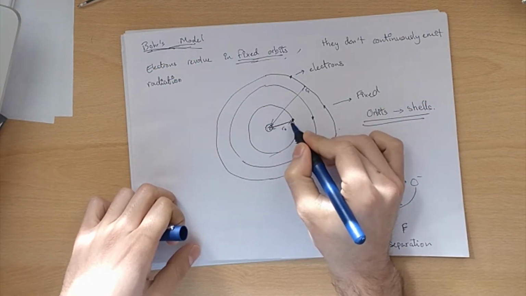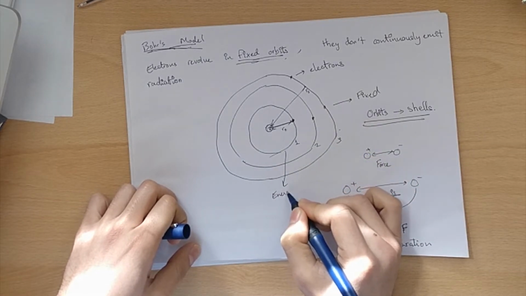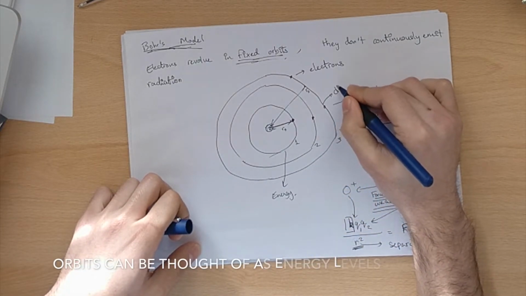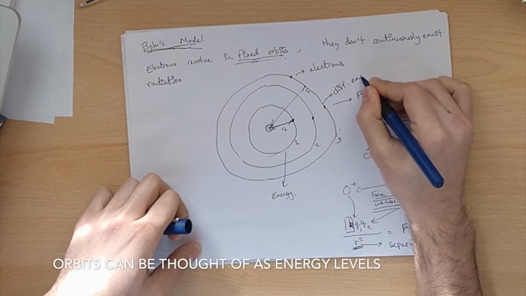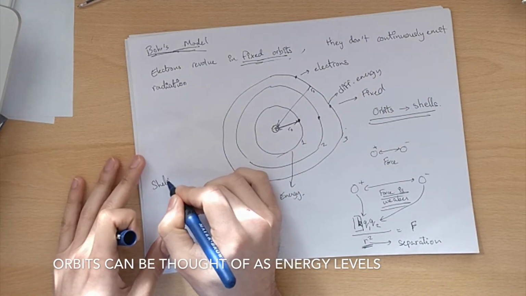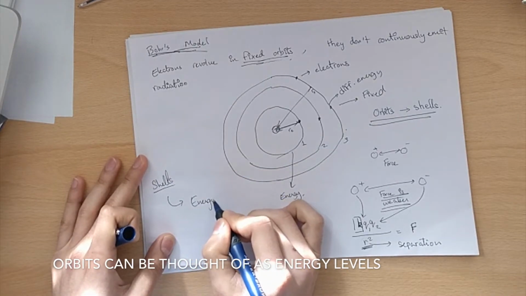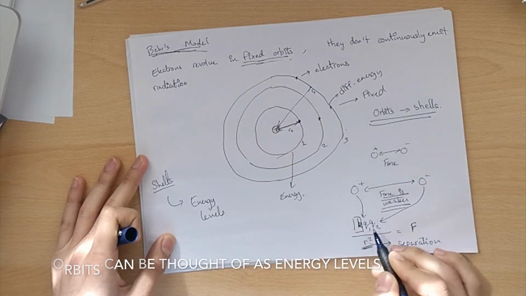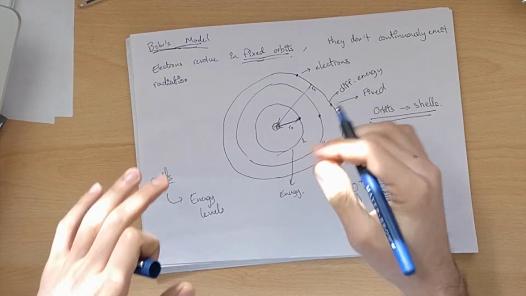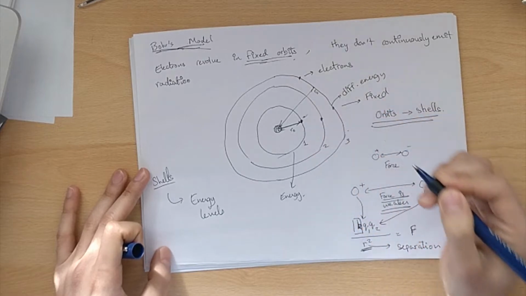So over here, this shell has an energy associated with it, and this shell has a different energy associated with it. So these shells can also be thought of as energy levels, simply because the energy is given by this equation, and this shell has a certain radius, which means it's a certain distance away from the positive center, and this electron's negative.